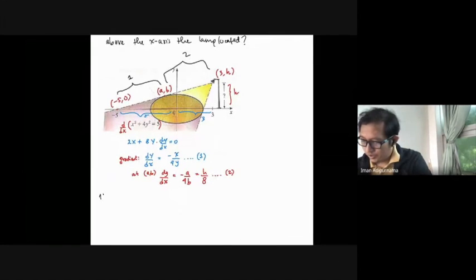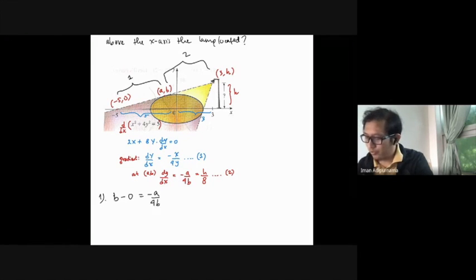So from the first equation, we get y minus b, right? B minus 0. Let me just write 0, and then the gradient is negative a over 4b, and then this becomes a minus minus 5.